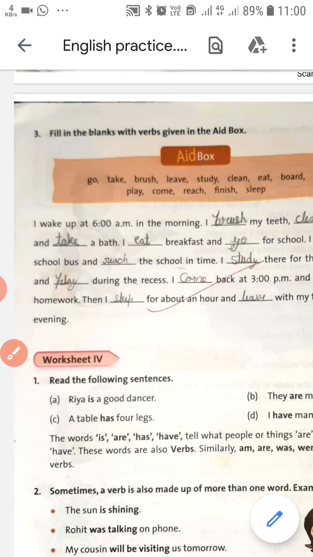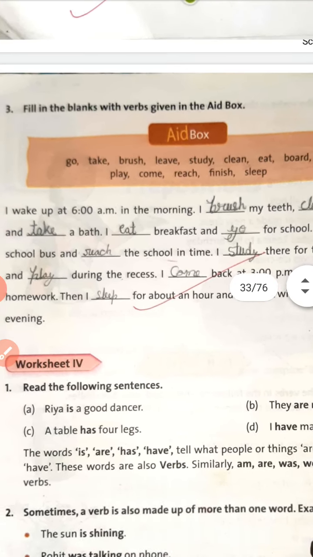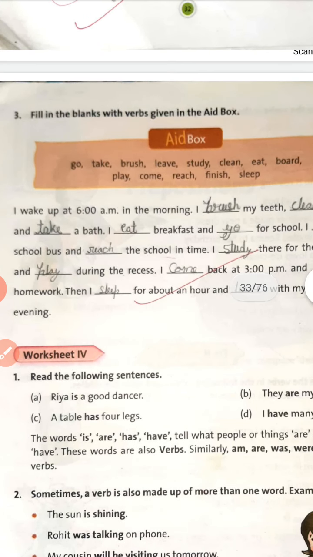So you have to fill these blanks with the basic, original form of the verb. That means we will not add s or es. Keeping this in mind, we are going to do this worksheet.